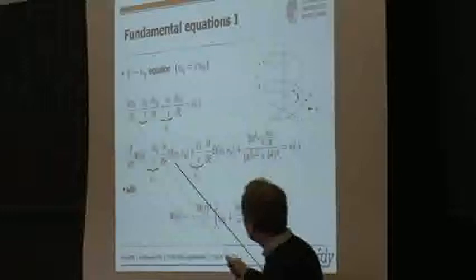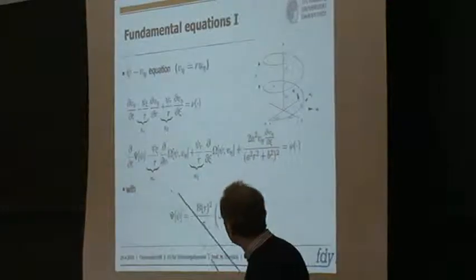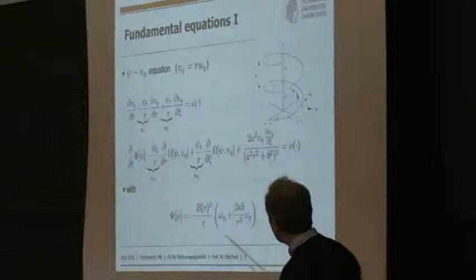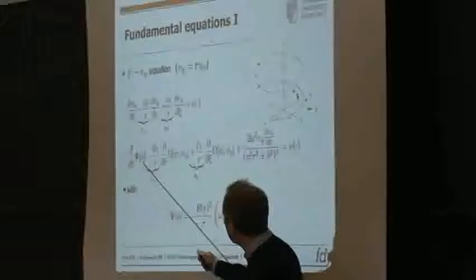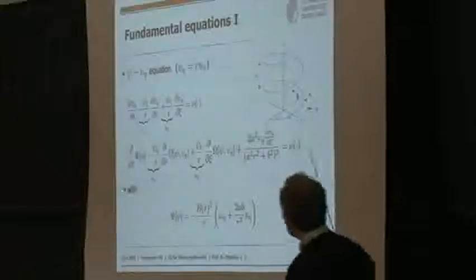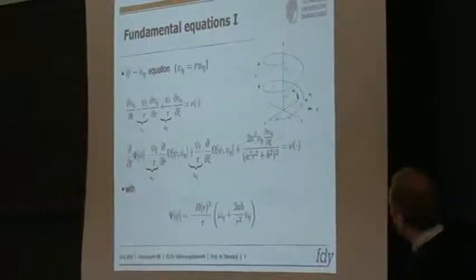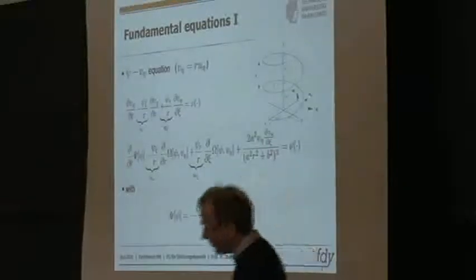And this is the equation for the psi. The actual quantity that is important is this one. So there is this capital psi, that's a function of this one here. So we can write down this one in this form. Apparently, it doesn't look like a conserved quantity at this point, or a conservation law.